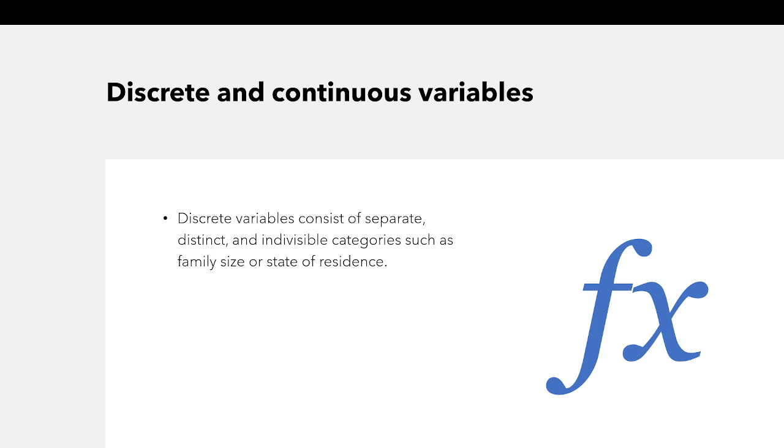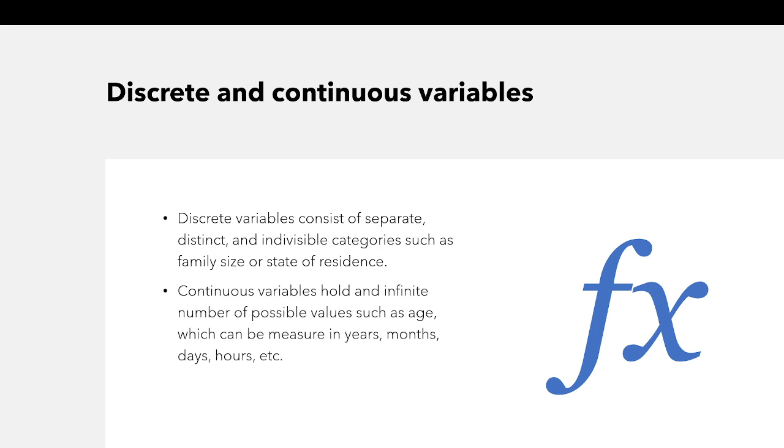If I ask you what's your state of residence and you tell me California, you can't really live in both California and Arizona at the same time, right? Even if you lived as close to that invisible separating boundary between California and Arizona, it's still one or the other.